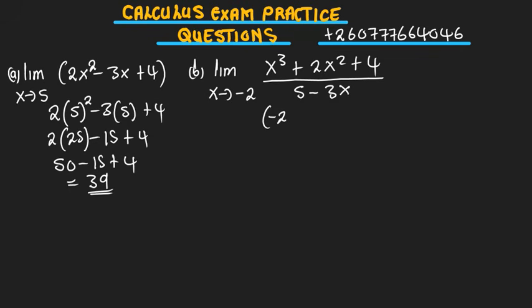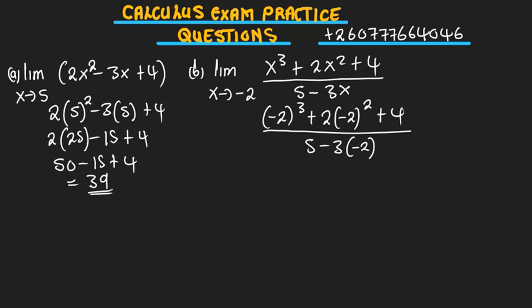So you put your -2 there: -2 cubed plus 2 times -2 to the power 2 plus 4, all over 5 minus 3 times -2.